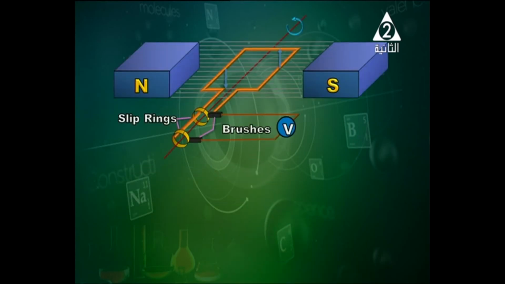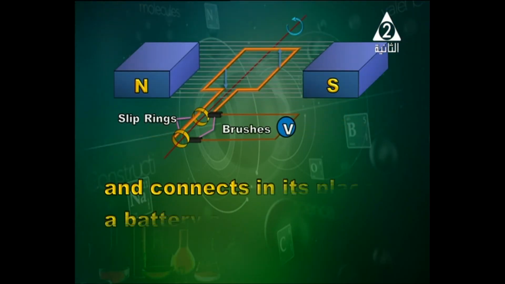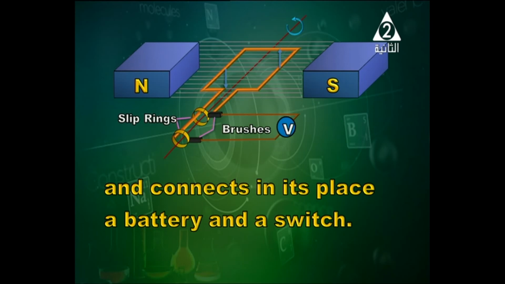Another type of questions, okay. In front of you, we've got a diagram. Okay, a student disconnects the voltmeter in the circuit, removes the voltmeter, and connects in its place a battery and a switch. So the voltmeter is replaced by a battery and a switch.